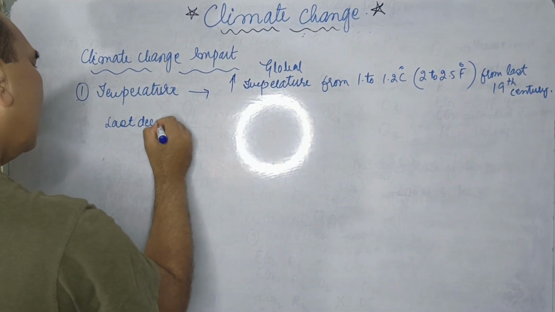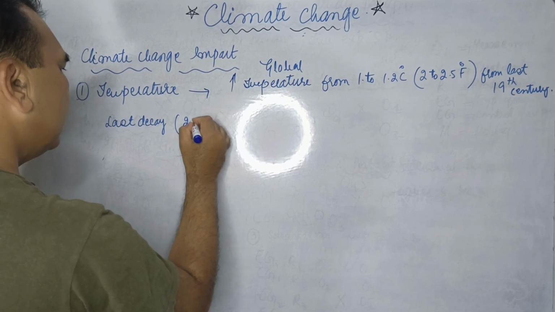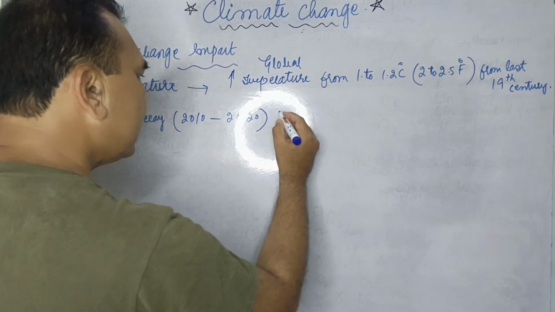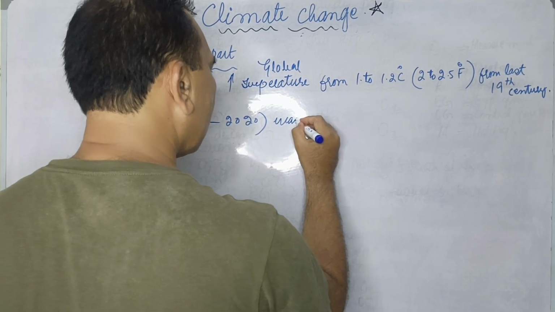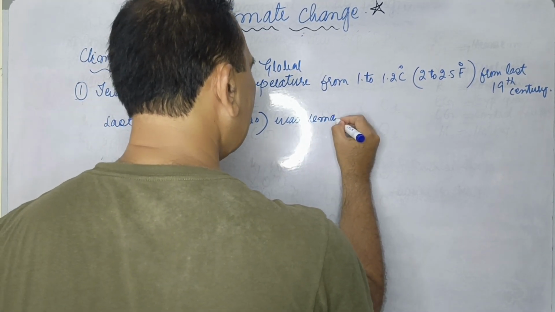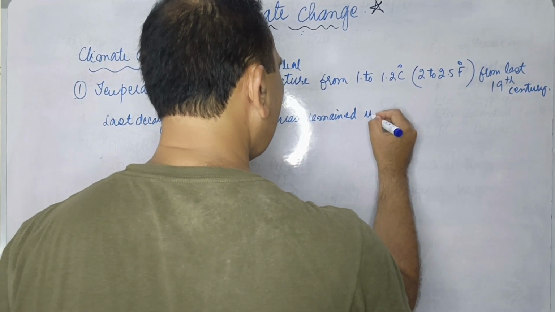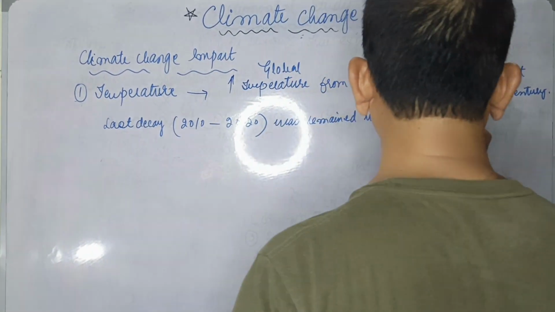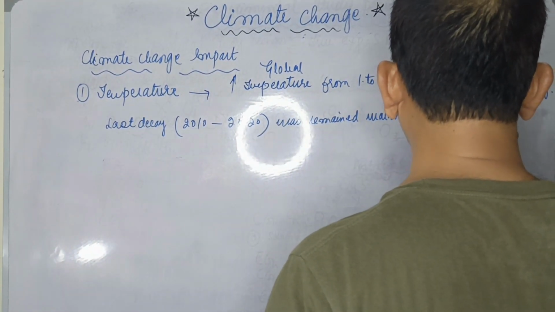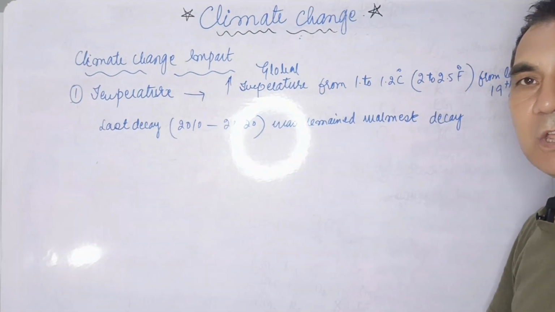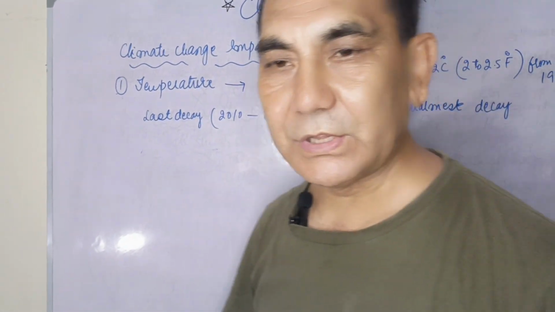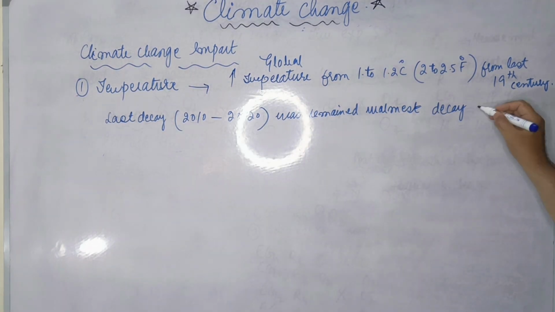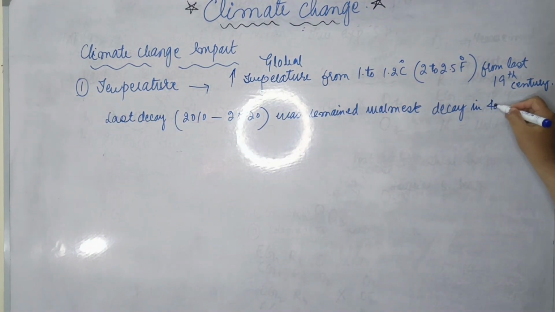And the last decade, from 2010 to 2020, remained the warmest decade. The warmest decade has been recorded all over the world in the last 40 years.